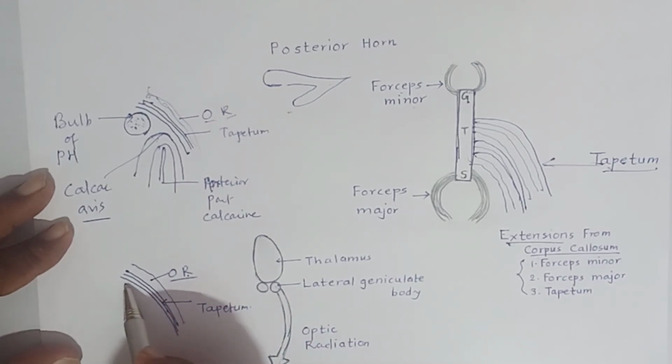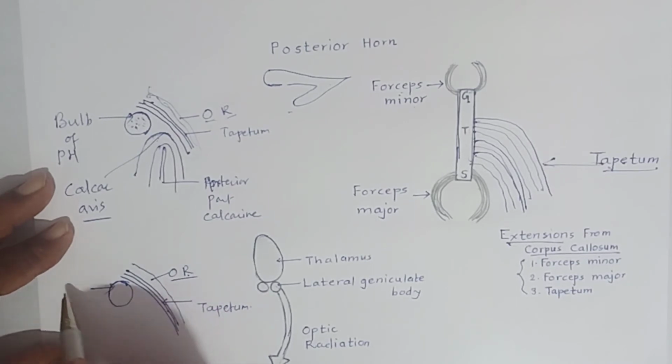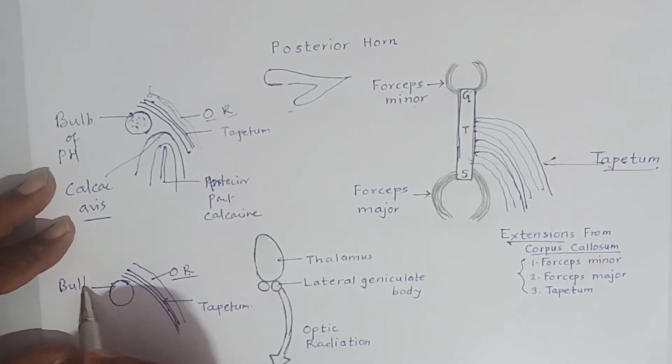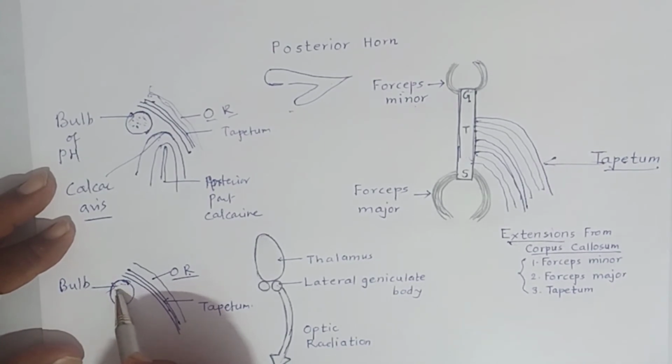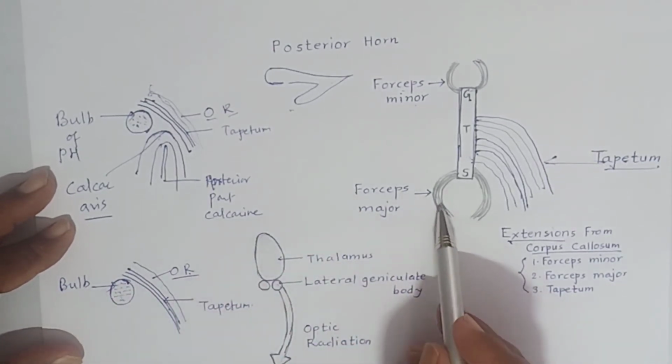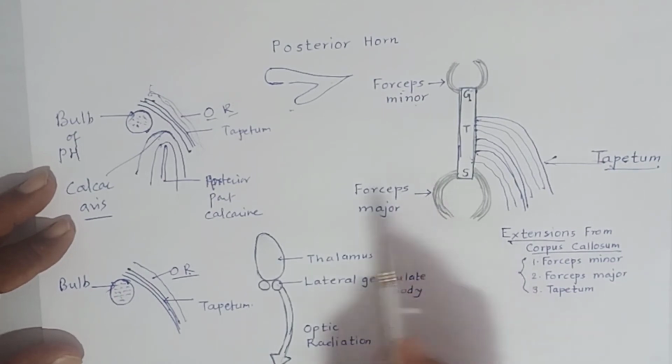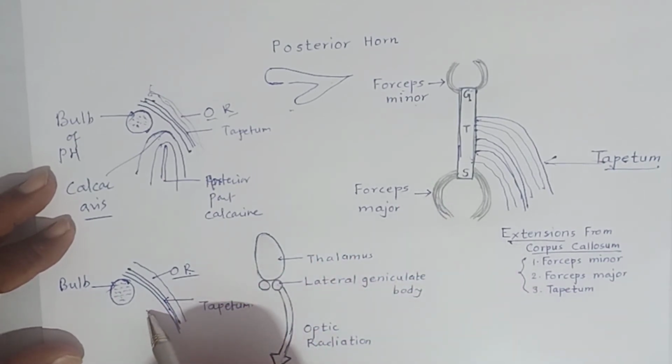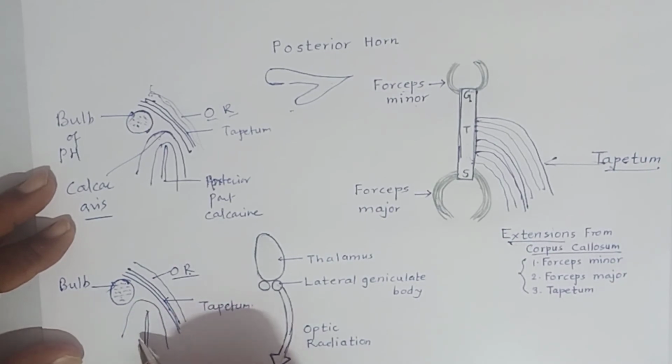In the medial part of the floor, there is a swelling called bulb of posterior horn. In the bulb, there are fibers of forceps major, and laterally in the floor, there is white matter pushed by the anterior part of calcarine sulcus.